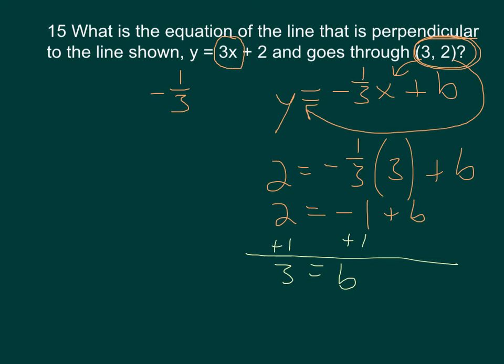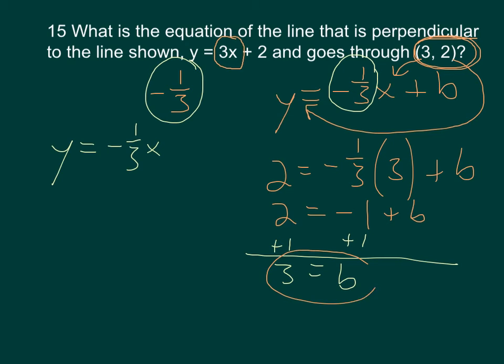So the equation of the line that I'm looking for is y equals the slope that I found, negative 1/3 x, plus b, which I found to be 3. And this is answer C on your review sheet.